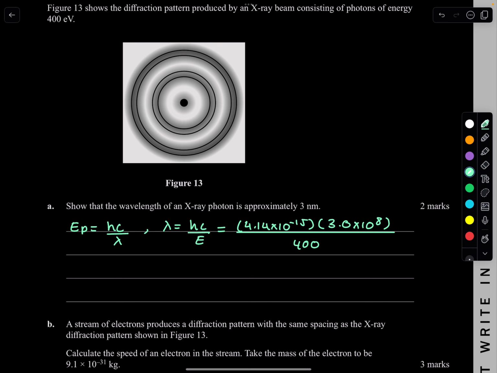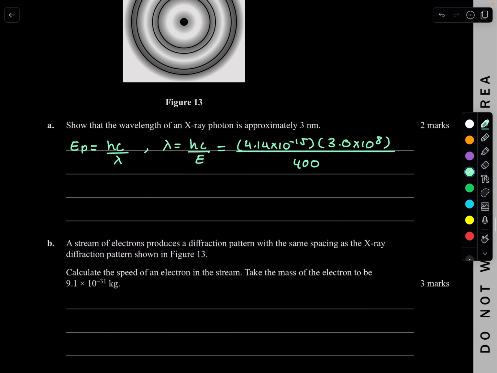We multiply by 1 times 10 to the power 9 to get nanometers. That gives the wavelength to be 3.1 nanometers, which is approximately 3 nanometers. Done. So we've shown that.